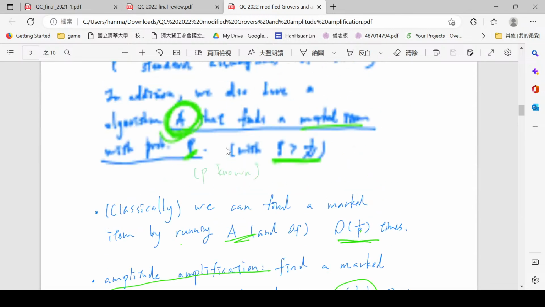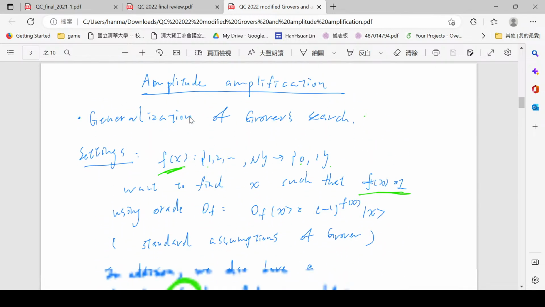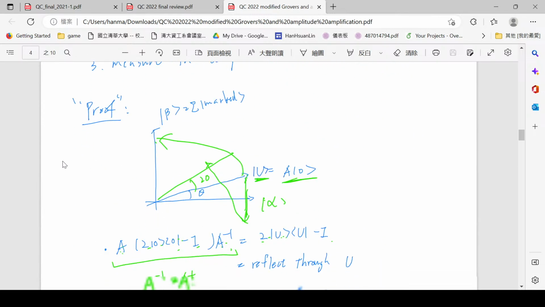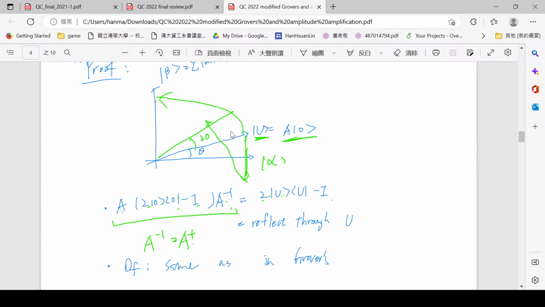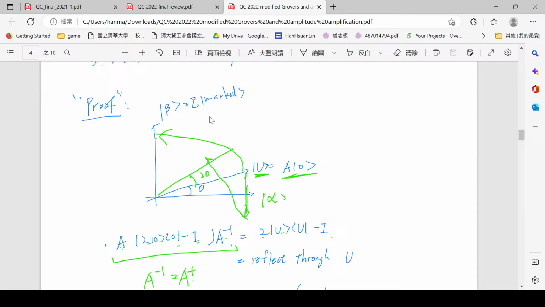And sometimes you can also think of this amplitude as a quantum amplitude, because as you see, we are basically increasing the overlap with this target state, and this U is whatever state your algorithm prepares.